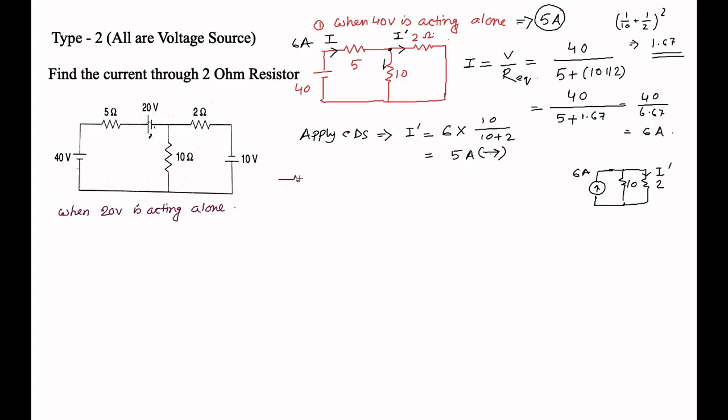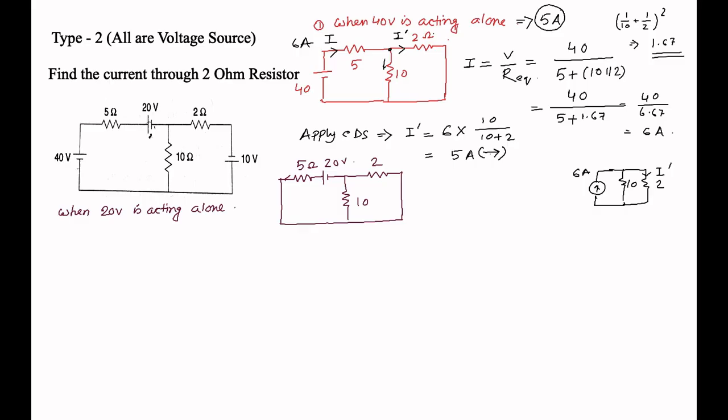So this is your 5 ohm, this is 20 volt, this is short circuited, this is your 10 ohm, and this is your 2 ohm, and the 10 volt source is short circuited. Now this is your 2 ohm, this is your 10 ohm, this is your 5 ohm, and this is your 20 volt.